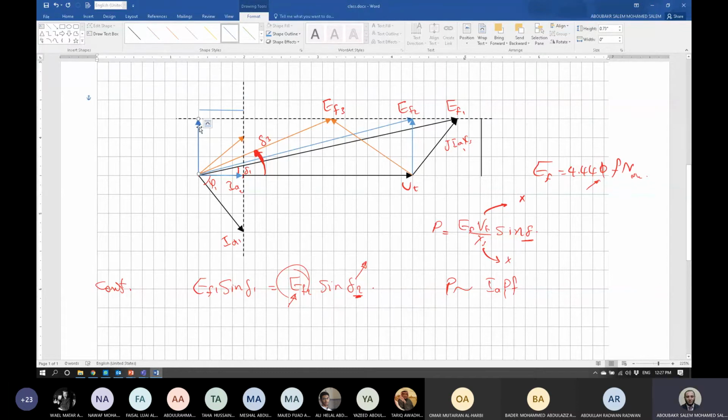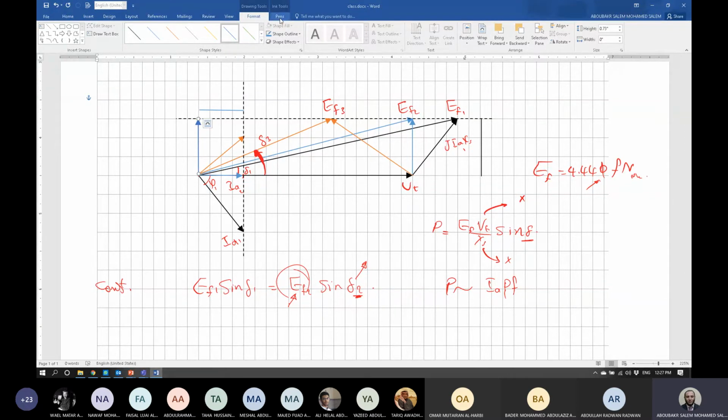So this here is EF, which is considered as the minimum excitation. مظبوط يا شباب؟ يعني as you can see, the value of EF1 is high, EF2 lower, EF3 lower. The lowest value of EF will be the value at delta equal 90.